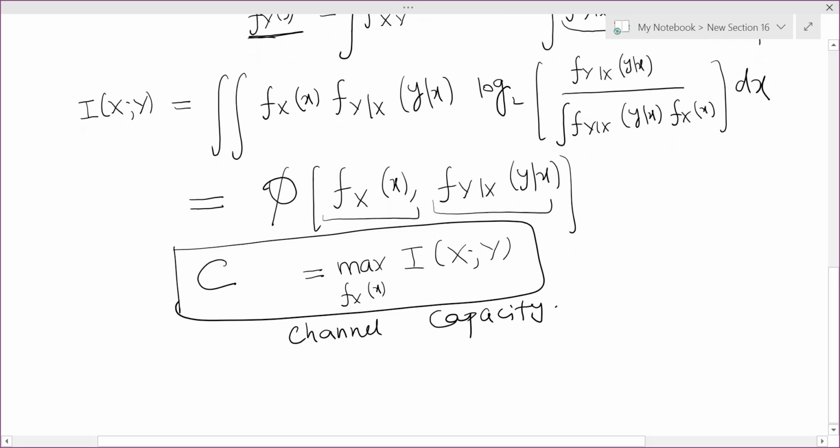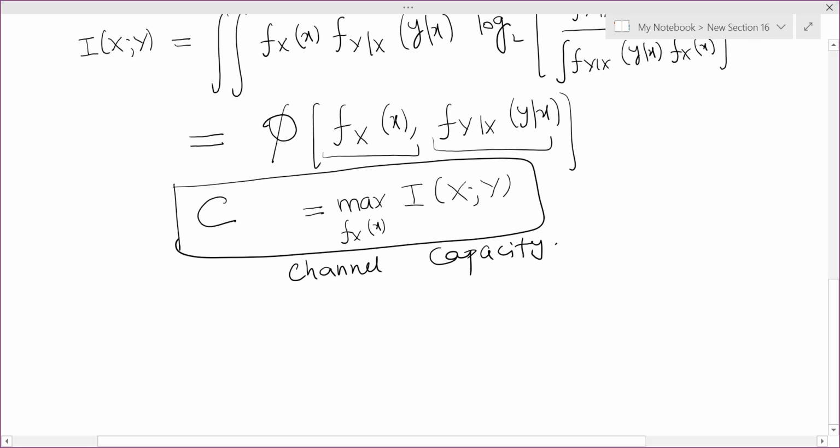Now if you are given any problem on channel capacity, you will be given the input. If it is discrete, you will be given the probability mass function of the input. For example, in a very simple binary channel, X can take only values 0 and 1.